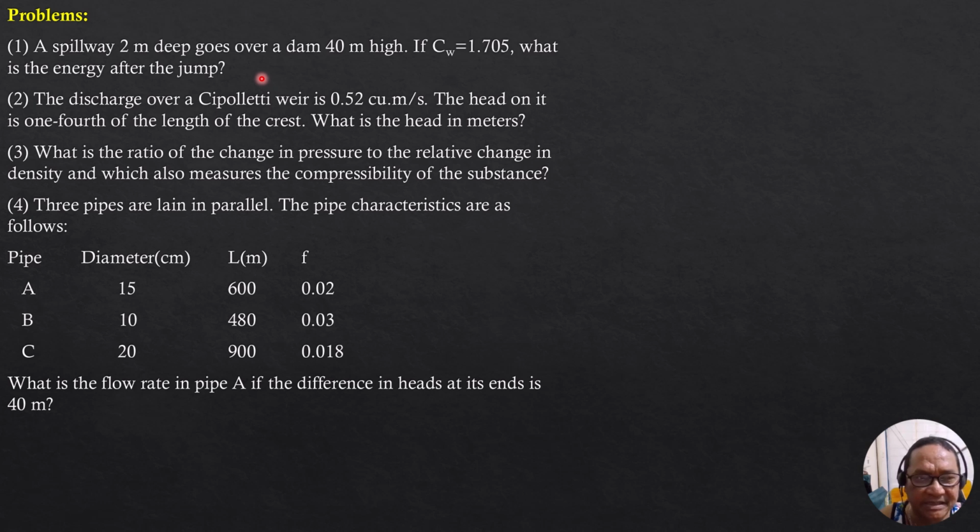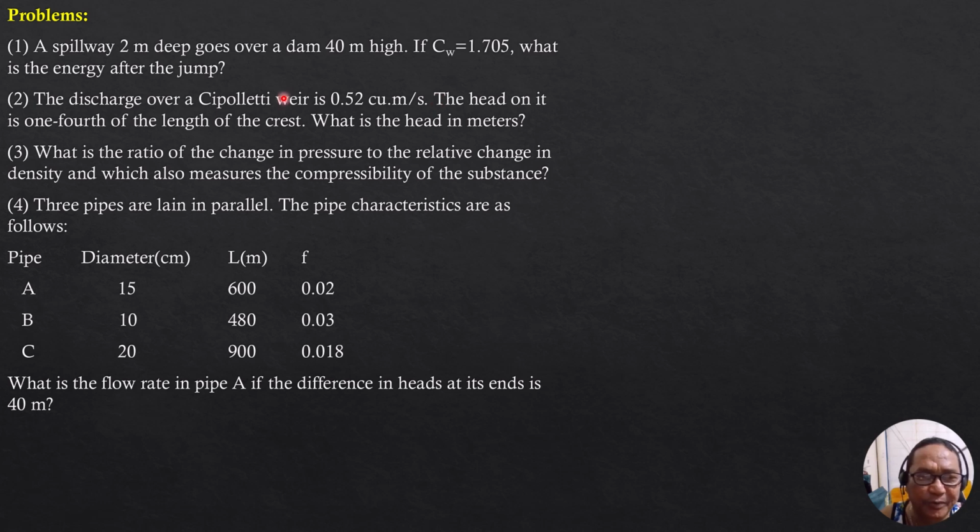And this can be addressed by using the formula for discharge in a rectangular channel that has a jump, and that is small q squared over g equals 1/2 of depth 1, depth 2, quantity depth 1 plus depth 2.